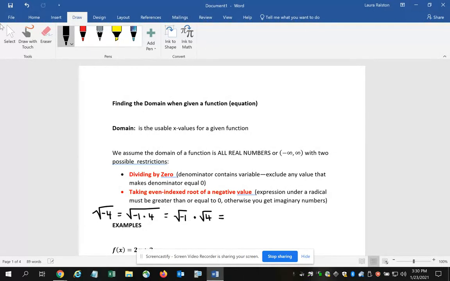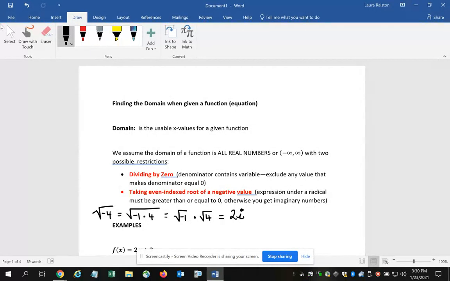Remember, by definition, the square root of negative 1 is the imaginary unit, and the square root of 4 would be 2. So you end up with an imaginary number. Well, if it's imaginary, you can't see it or graph it or plot it on your grid. So you have to avoid having a negative number under an even indexed root.